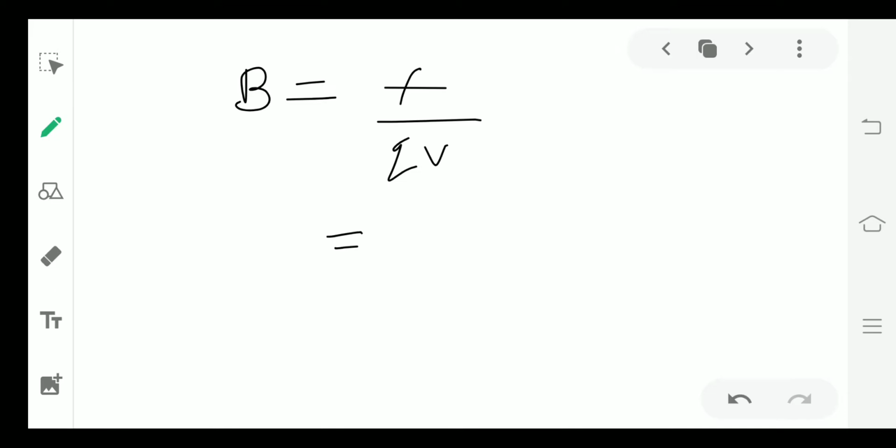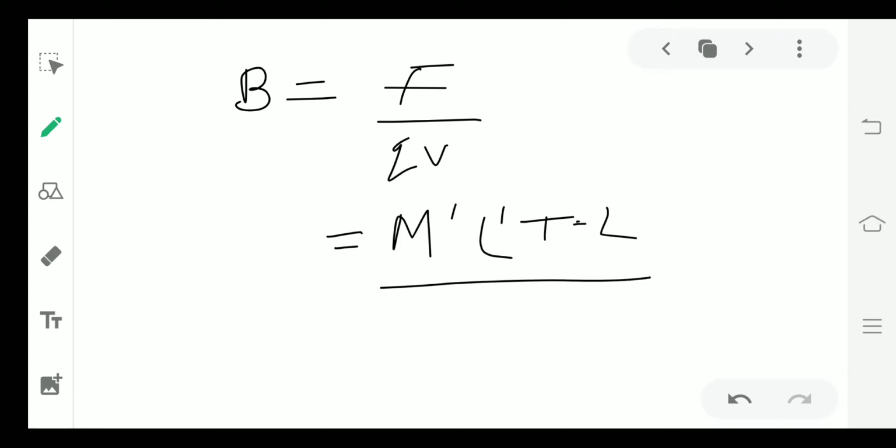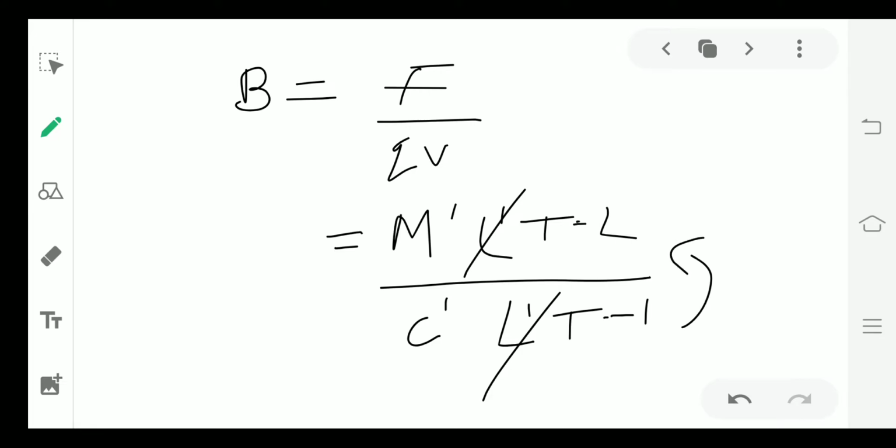Here the dimensions of force are m1 l1 t minus 2, because force is mass into acceleration, and the dimensions of charge is coulomb 1 and velocity is l1 t minus 1. Some terms are cancelling out. Now this t goes upside and becomes plus 1.